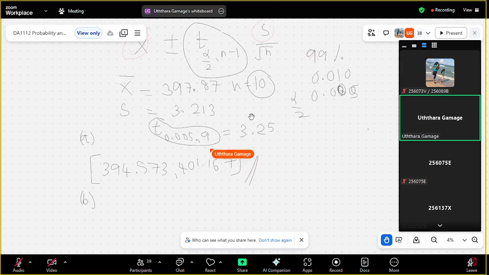Okay. D value is 3.250, right? Okay. Now you have to interpret the confidence interval, right? How to interpret this interval?